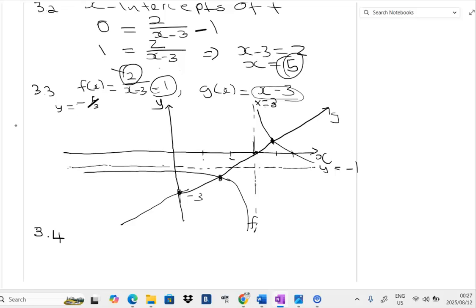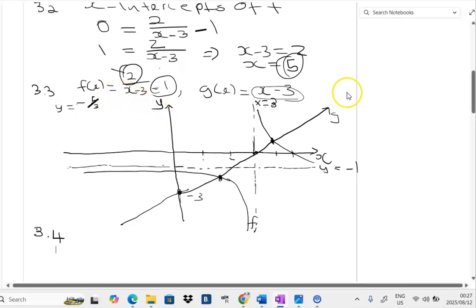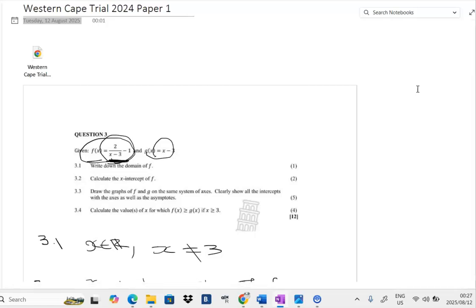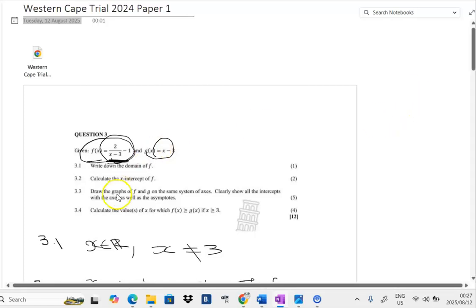3.3.4, let me go back and check the question. The question says, calculate the values of x for which the function f of x, which is the hyperbola, is greater than g of x.